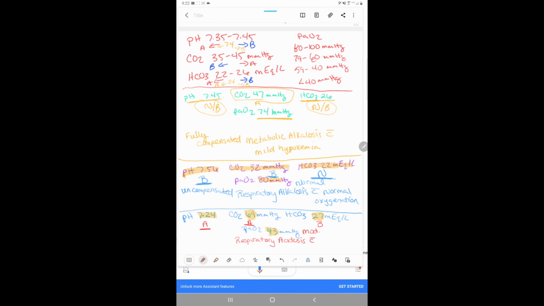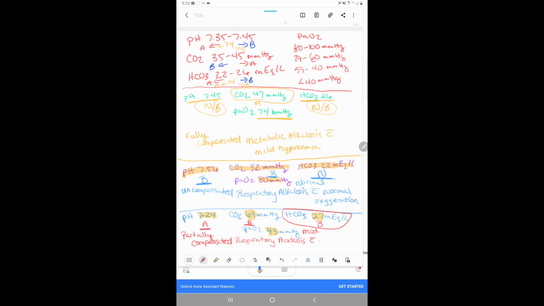Now, to find out if it's compensated or not compensated or partially compensated, we have to look at our bicarb. Did our bicarb come out of range? Yes. So it is trying to help bring back the pH in a normal balance. With it being out of balance as well and trying to help, we know we have a partially compensated respiratory acidosis with, we have to look at our oxygenation.